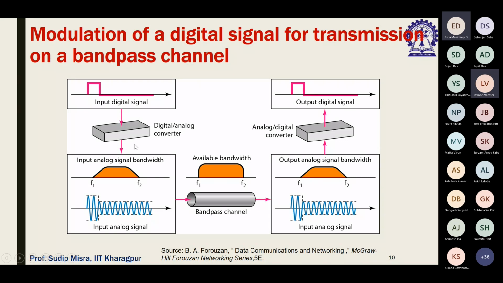Through the channel, this input digital signal will have to be converted to the analog signal, right? It will have to be modulated. How does this conversion and the modulation basically happen? This is something we are going to talk about in the next couple of lectures. There are different forms of modulation and so on.